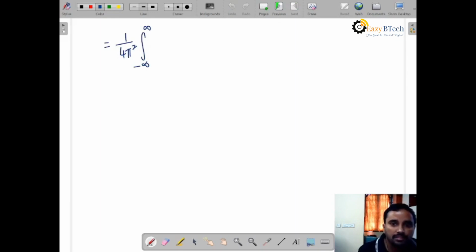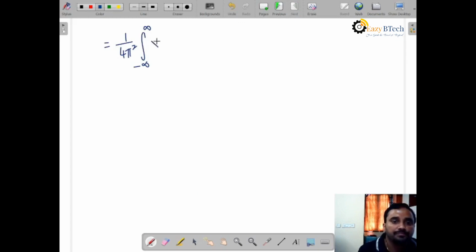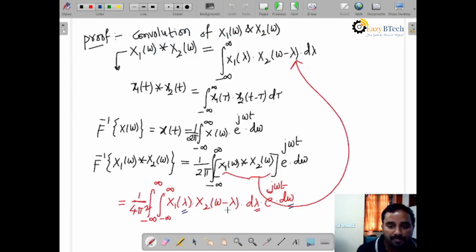So that is x1 of lambda, right? x1 of lambda, and another integral minus infinity to plus infinity x2 of omega minus lambda e to the power j omega t d omega. So all omega terms are included in this integral, d lambda, right? x2 of omega minus lambda e power j omega t d omega d lambda.